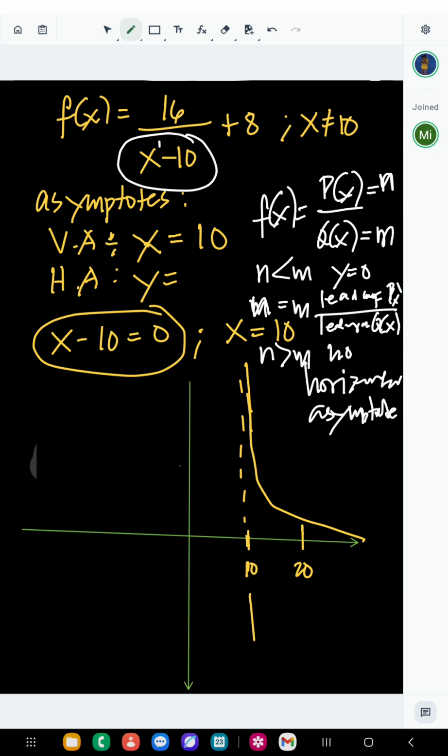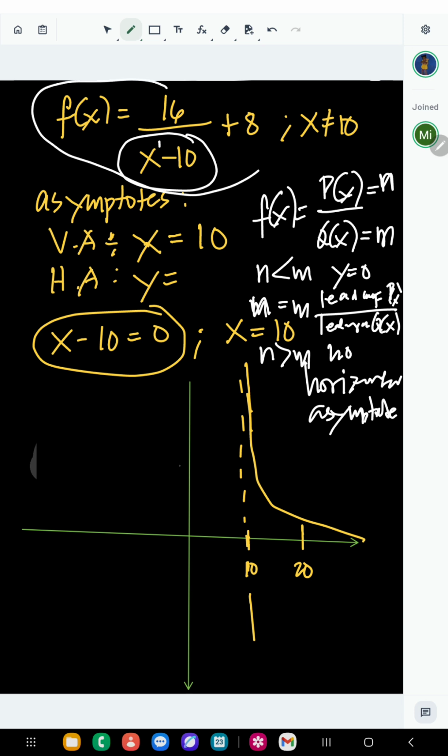Now let's take a look at the function. The function is 16 over x minus 10. What is the degree of the numerator here? Is it 1 or 0? Yeah, so the degree of the numerator is less than that of the denominator.